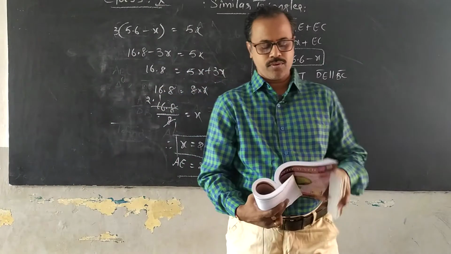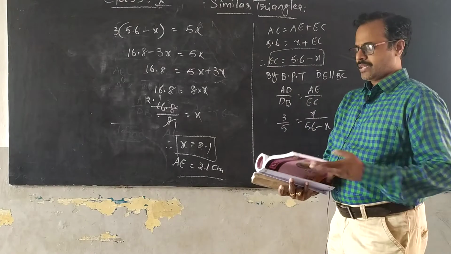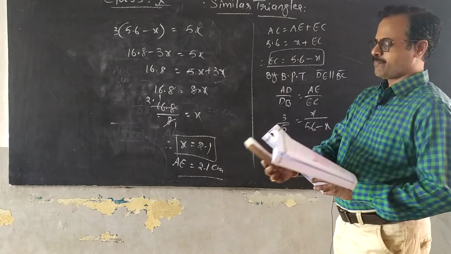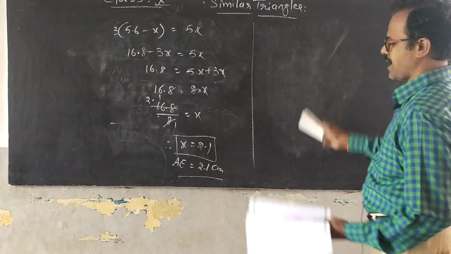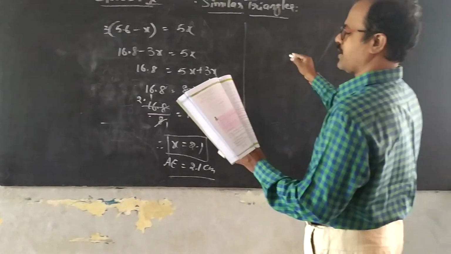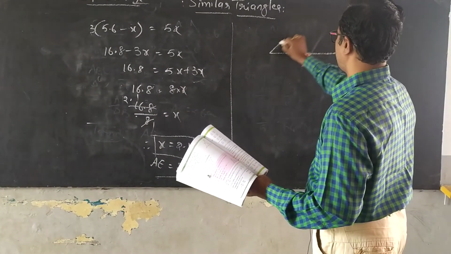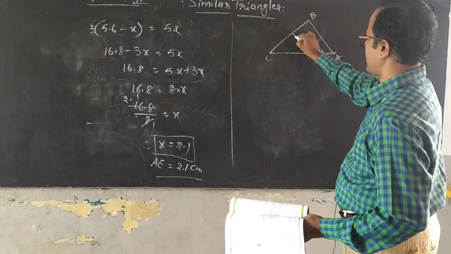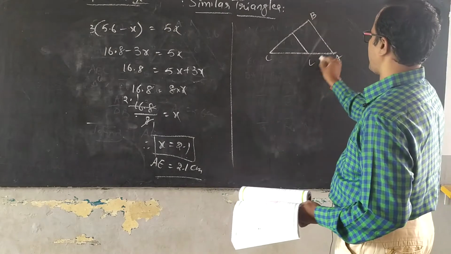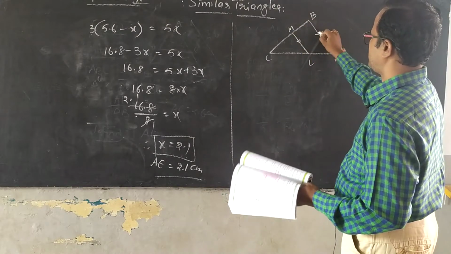See the second example. What is given there? In the given figure, LM is parallel to AB. We have the figure here as triangle ABC, with LM parallel to AB.